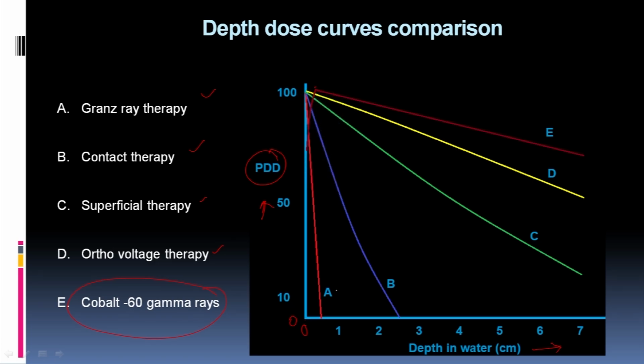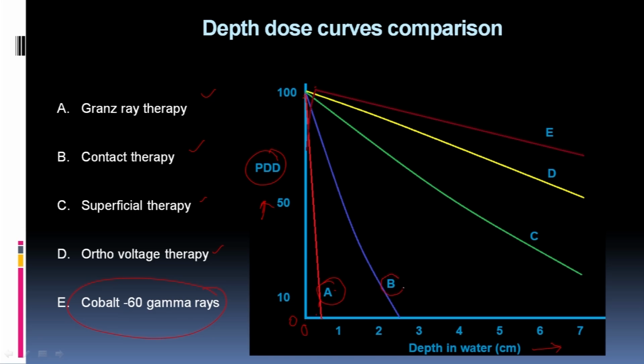Now A is the curve defined for Grenz ray therapy, and you can see that this curve falls within a few millimeters; the percentage depth dose is reduced at a very few millimeters.